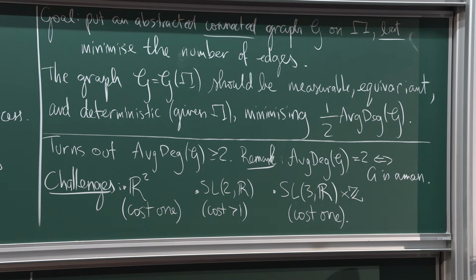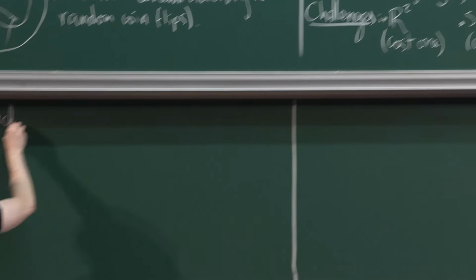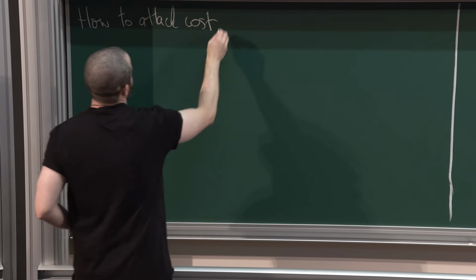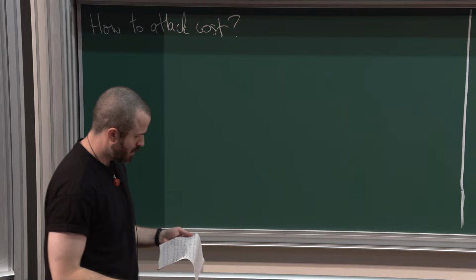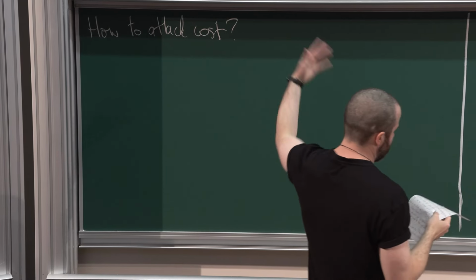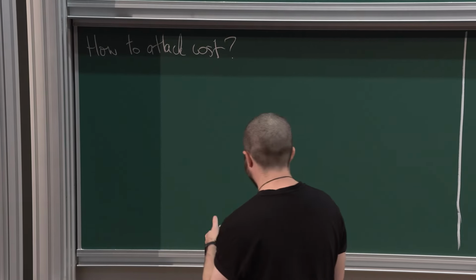Okay, so yeah, I've hyped it up. How do we actually attack cost? What I mean is the cost optimization problem.